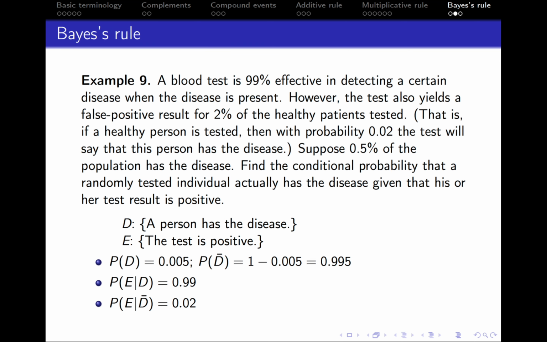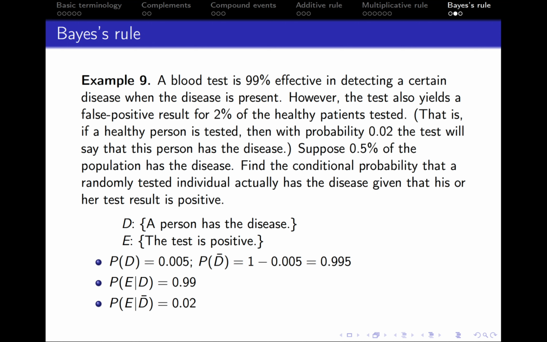And to better understand this theorem, let's have a look at a specific example. Let's assume that there is a blood test that is 99% effective in detecting a certain disease when the disease is present. However, the test also yields a false positive result for 2% of the healthy patients tested. That is, if a healthy person is tested, then with probability of 2%, the test will say that the person has the disease.